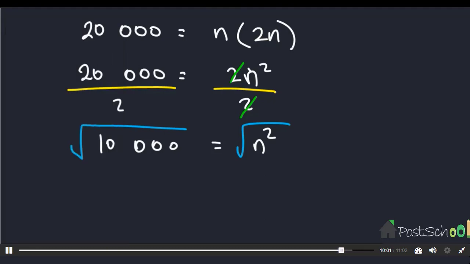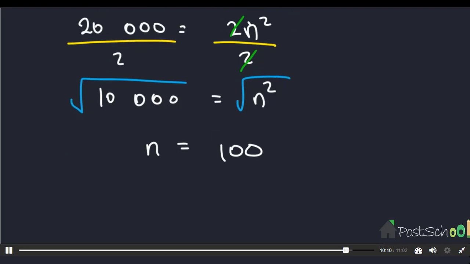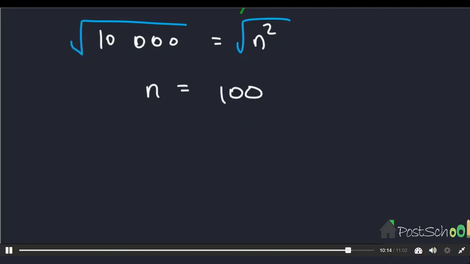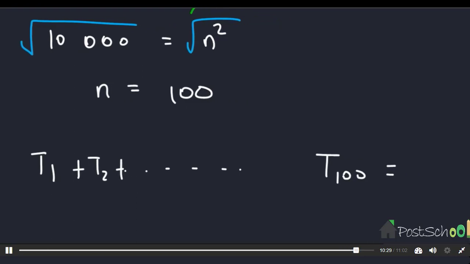So we can see that n equals 100. So the number of terms which have a sum of 10,000 is 100. If I make a sum of all these terms, from term number 1 and term number 2 up to term number 100, this is going to be 10,000.